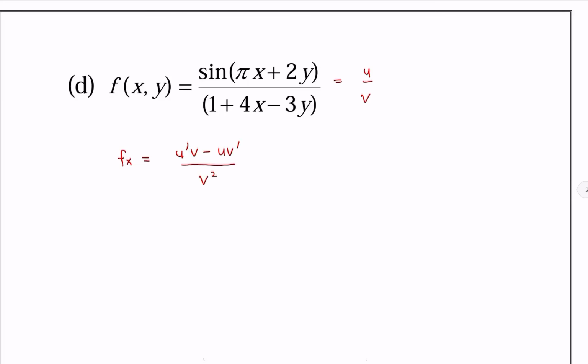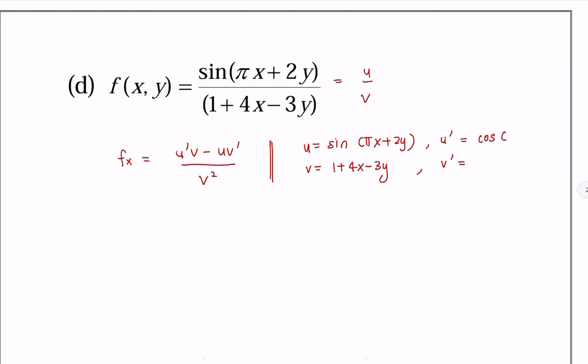First we need to know what is our u. u is sin(πx + 2y), and what is our v? v is 1 + 4x − 3y. Therefore we need to find u' and v', with respect to x. For u', we need to make sure that y is constant, so sin becomes cos.